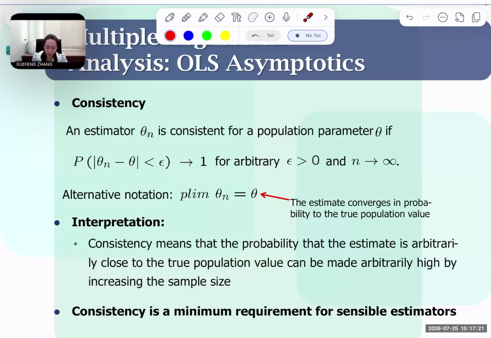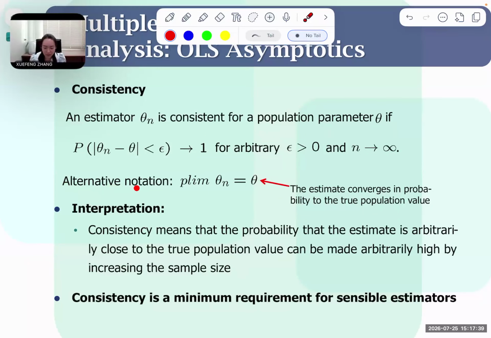In plain words, as we get more and more data, our estimate gets closer and closer to the true value, and we can make this as close as we want by collecting enough data. Alternative notation, you will see plim theta n equals theta.